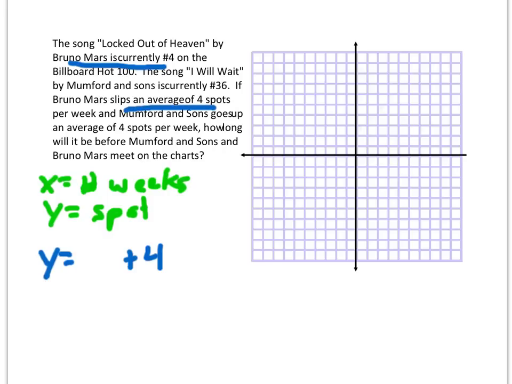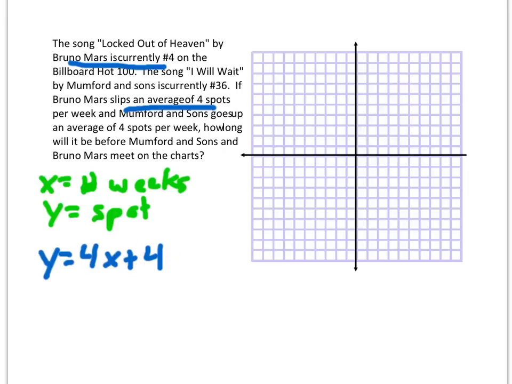Remember, on the Billboard charts, slipping means that your number is actually going upward. So if he's slipping, that means he's going toward 100 from number 4. So his number's getting bigger. And if it's 4 spots per week, his slope has to be 4 times x. And again, it's a positive 4 because slipping means his number is actually going higher. So 4 times the number of weeks plus his starting spot should equal his spot on the charts.